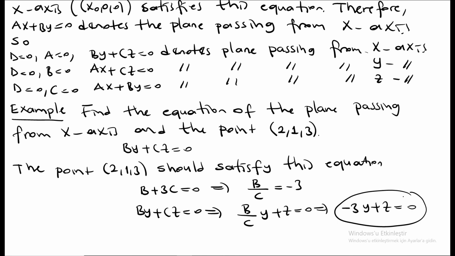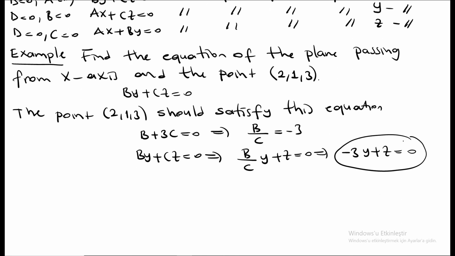So let's say B. So D is 0, and also A and B are 0. So you have this one, C times z equals 0. C is not 0, because if C is 0, there is nothing to speak about. So C is not 0, so it means z equals 0.